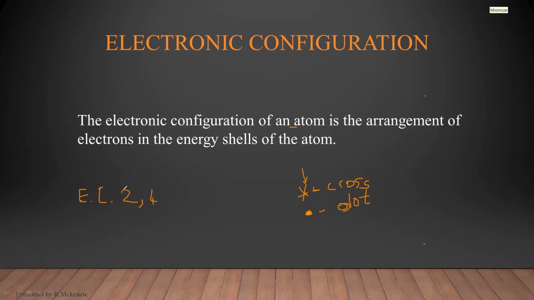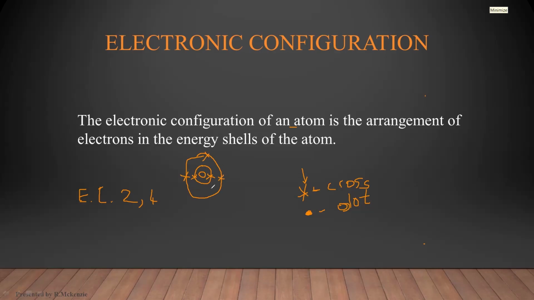So the EC here would be 2, 4, right? Let me give you a quick demonstration here. In other words, you're just writing what's on each shell in the structure. So for example, 2 electrons are on the first shell after you draw it, and then on the second shell you have 4.